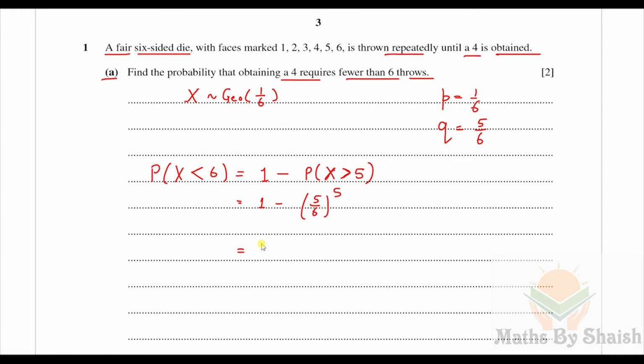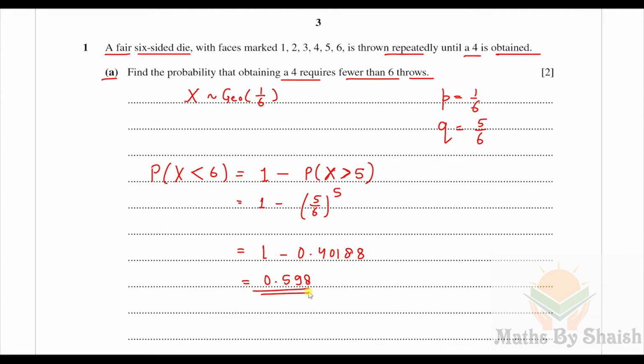Now we will calculate this from the calculator. 5 over 6 to the power 5 is 0.401877, and then 1 minus this is 0.5981, so 0.598 to 3 significant figures. This is the probability that it requires fewer than 6 throws to get the first 4.